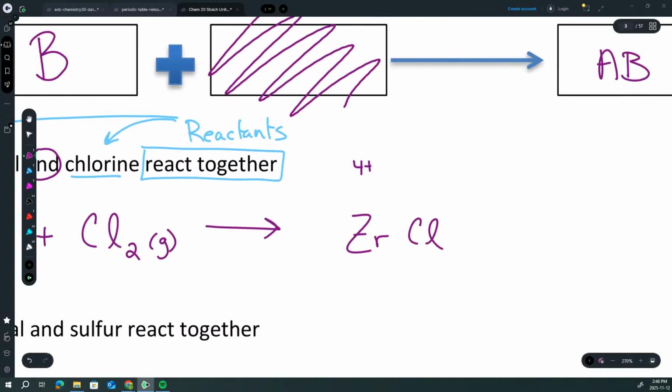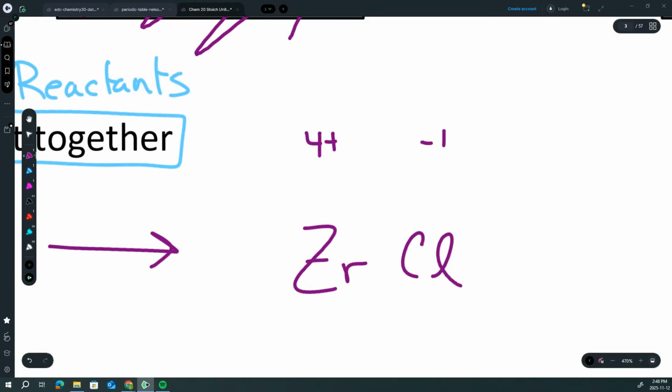Chloride, since it's part of group 17, likes to have a -1 charge. Okay, so because 4 minus 1 does not equal 0, we've got to do crisscross applesauce. So I'm going to put the 4 right here behind the chloride ion, and I could write 1 after zirconium. However, I'm not going to, because if you write the symbol, you assume that there's already 1 of it.